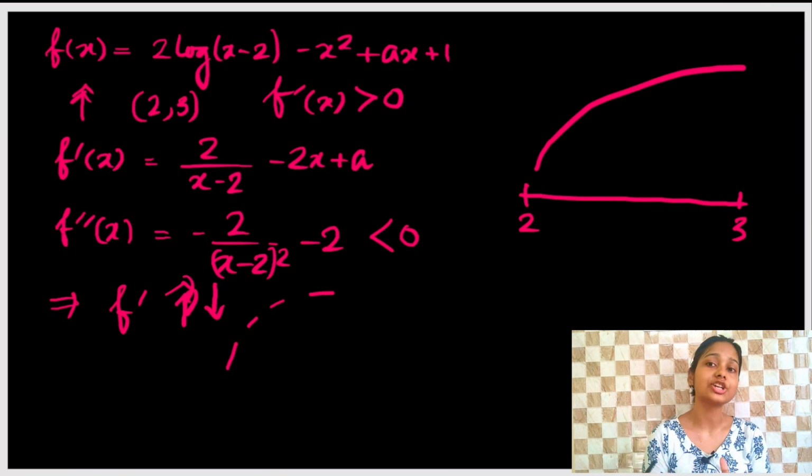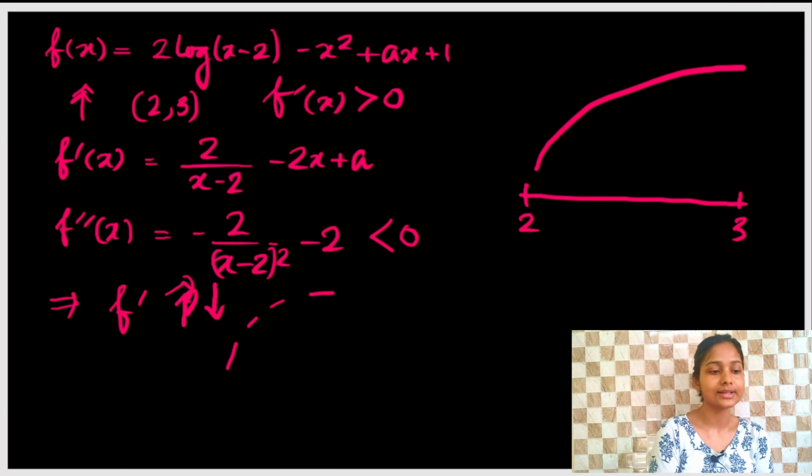So as f dash is decreasing, that means after the (2, 3) interval, the derivative must decrease, and what will it give? It will give f dash equals 0. Also it can be f dash greater than 0, as (2, 3) is the open interval where the function is increasing.